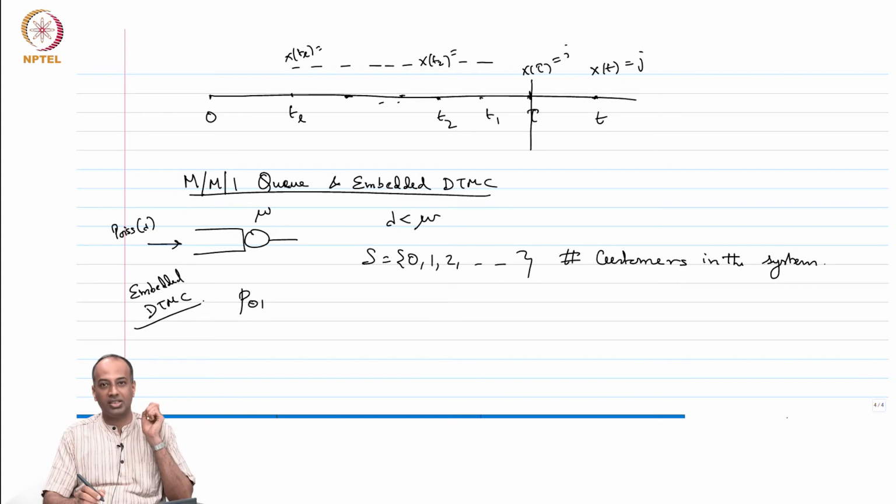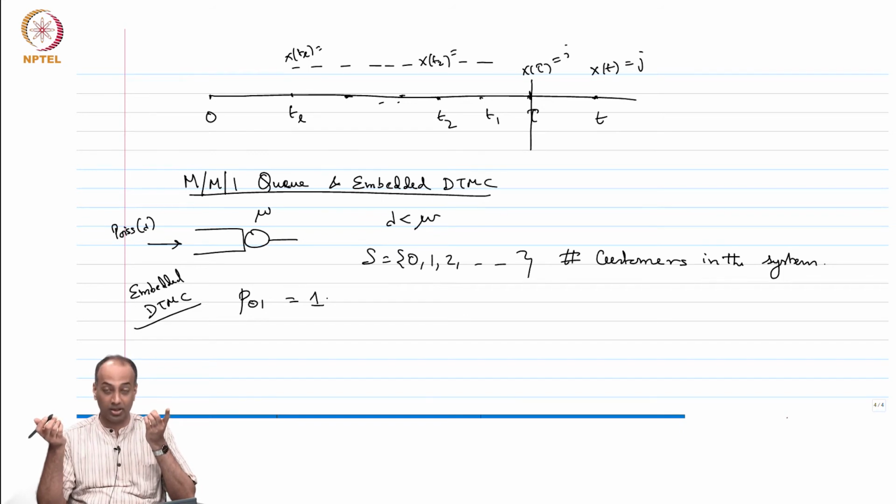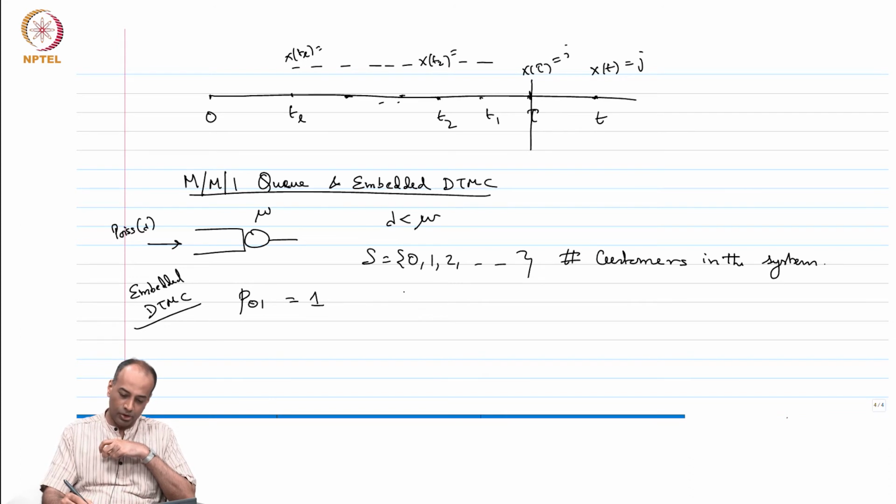P01, see if you are in state 0, the only state you can go to next is 1, because remember there are no self transitions in the embedded Markov chain. So, the queue is in state 0, the only non trivial transition it can go to is 1. So, P01 is 1, this is the embedded Markov chain, remember. But if you look at P10 for example, so there is already one customer in the system.